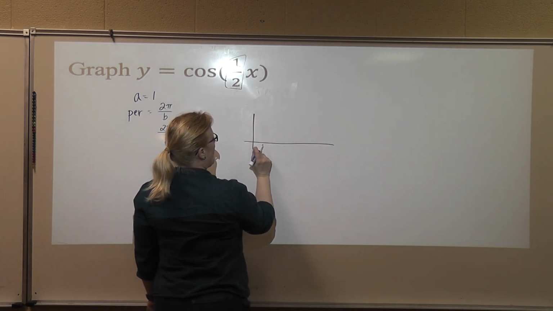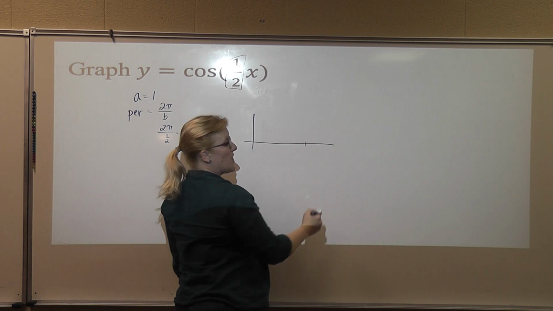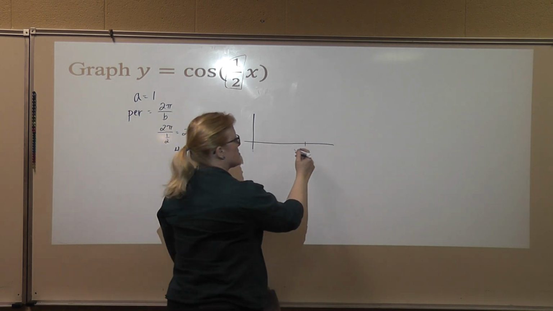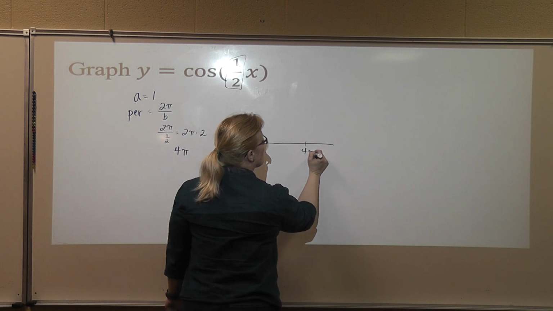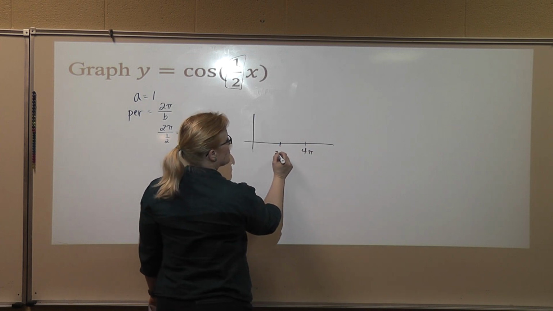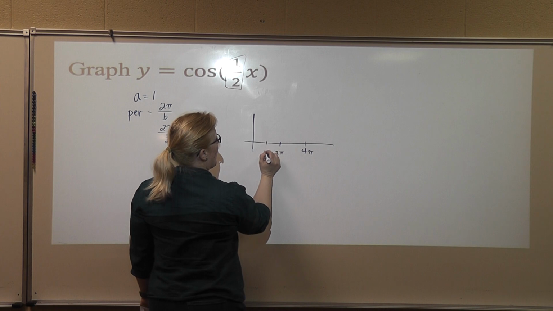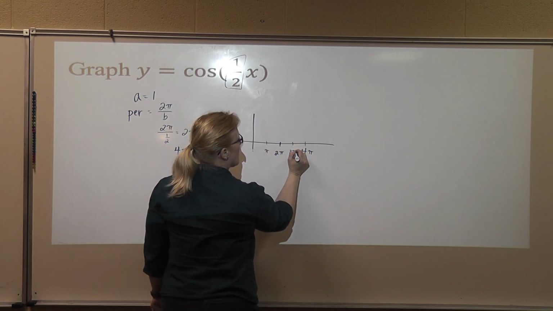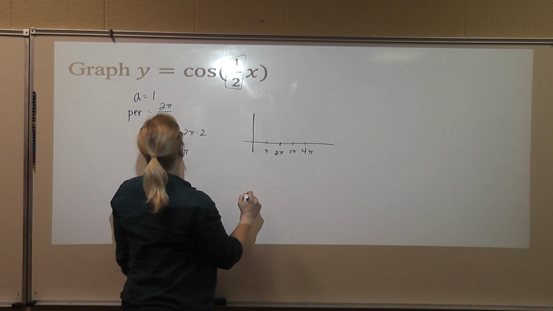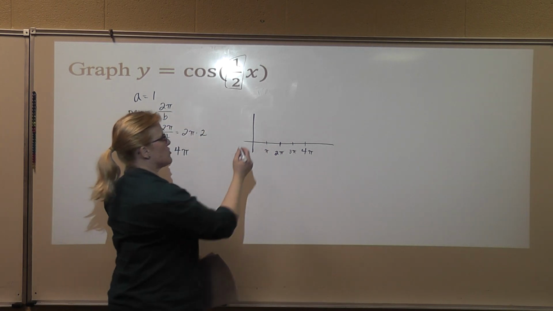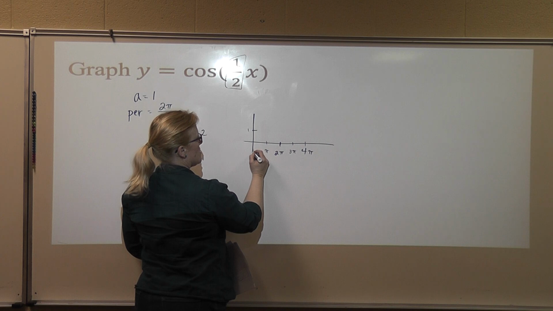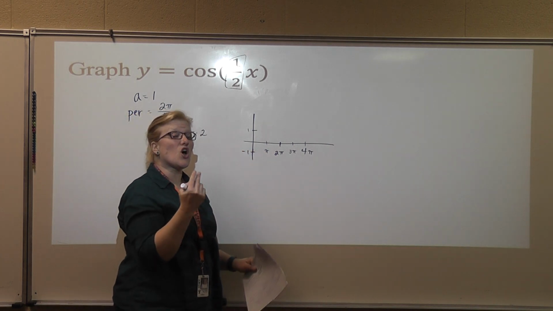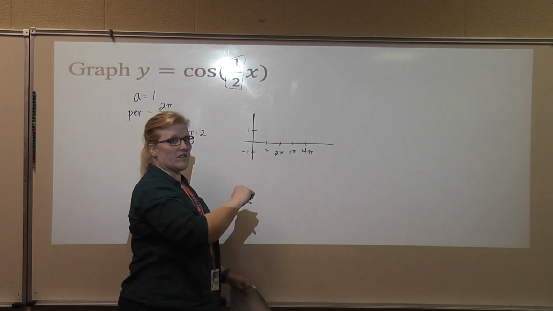Okay, so instead of this being 2 pi, it's 4 pi. That is the period. So it's 4 pi. Cut it in half. That's 2 pi. Cut that in half. That's 1 pi, or pi. And this is 3 pi. Okay, and my amplitude is just 1 again. So 1, negative 1. Again, this is a cosine, so it's going to have a chasm.